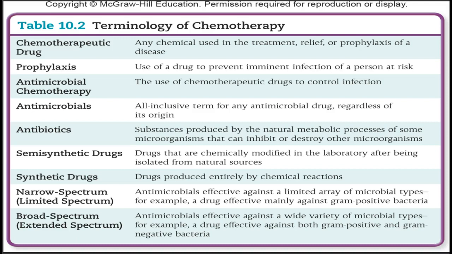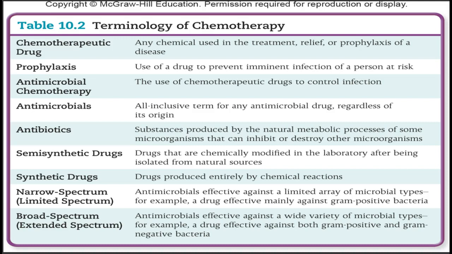When we use the term antibiotics, we are specifically talking about products that are produced as a natural metabolic process by other microorganisms that can inhibit or destroy other microbes. So an antibiotic is a natural substance.